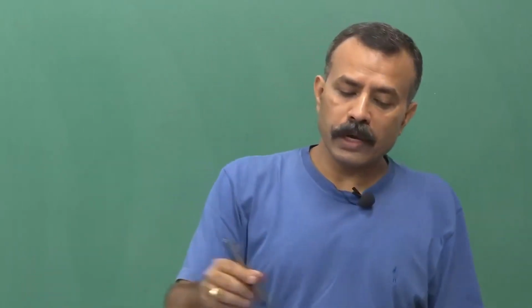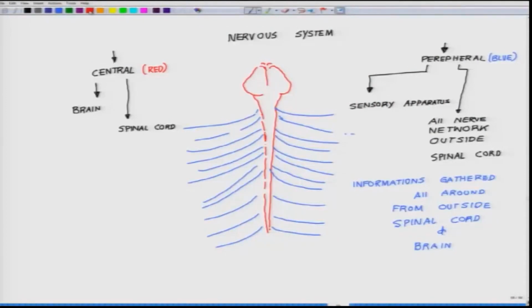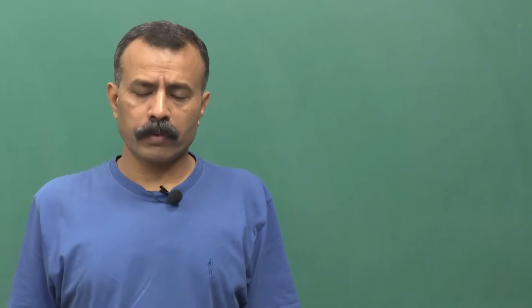So, when we say the word higher level of processing, we meant by that the processing which are happening out here in the brain. And when we say lower level of processing, they are happening in the spinal cord. Fair enough? Now, this spinal cord has a very unique anatomy.